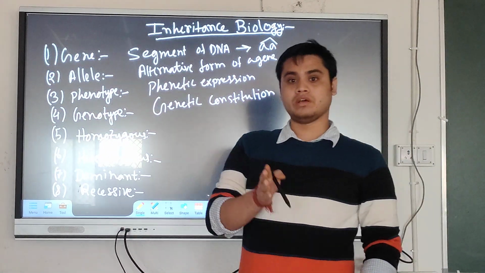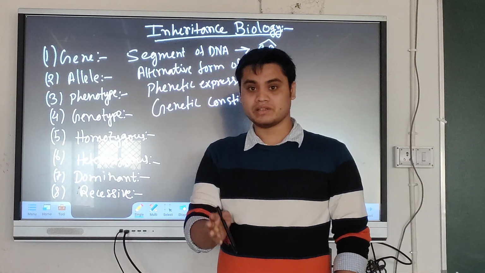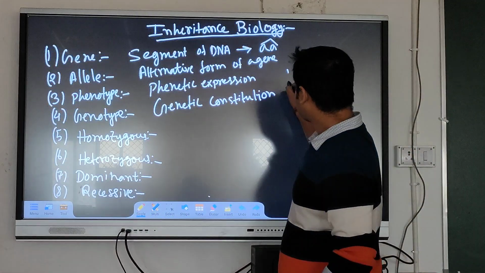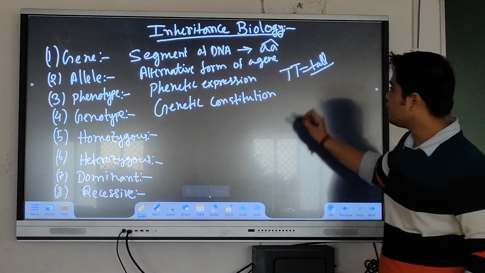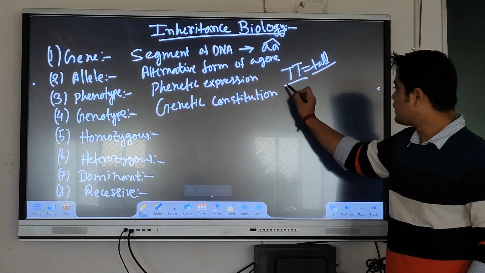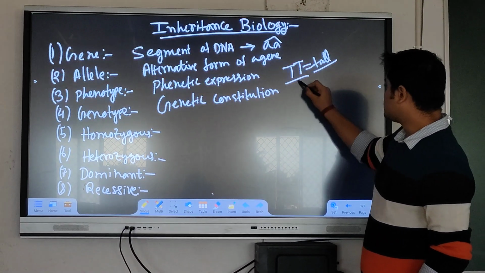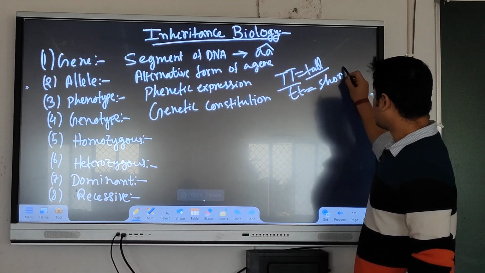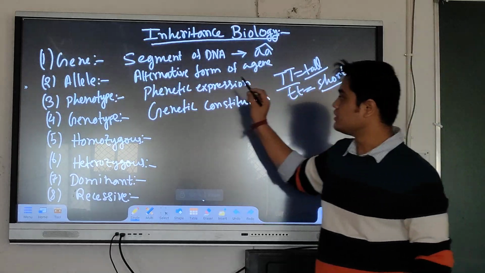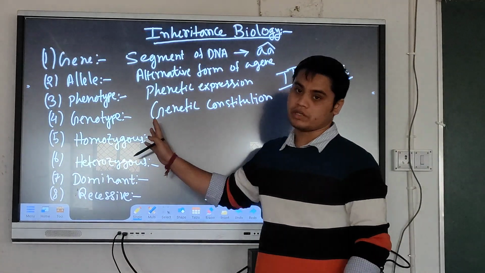For example, in your study, the tall character is determined by capital T. In this case, tall is a phenotype and capital T denotes the genotype. After that, small t determines the short. Now short is the phenotype and small t is the genotype.